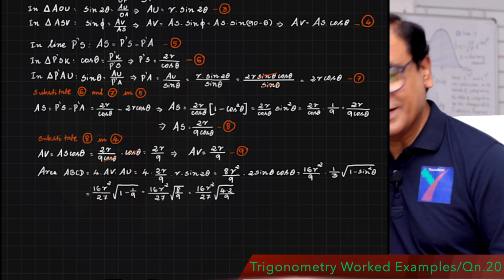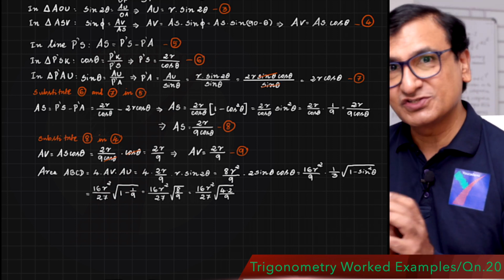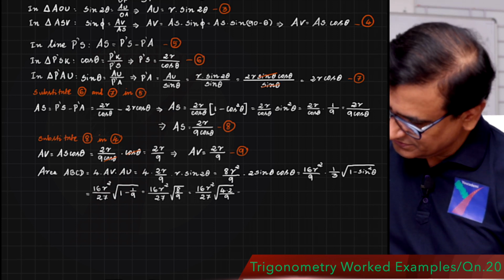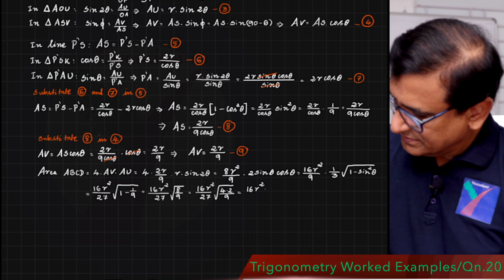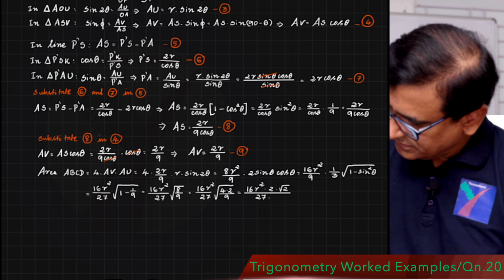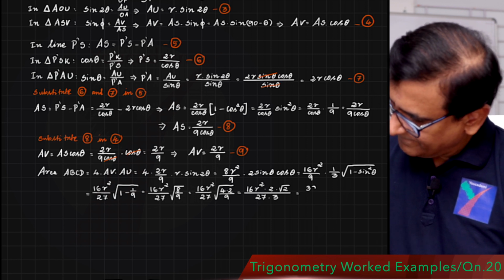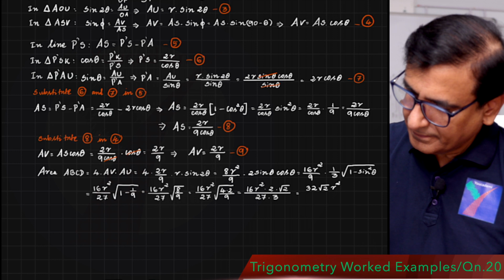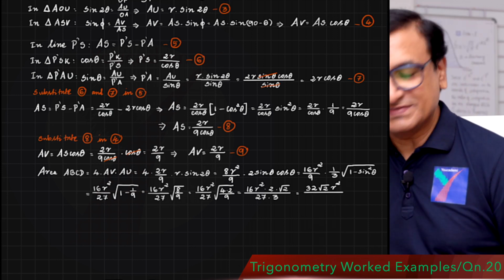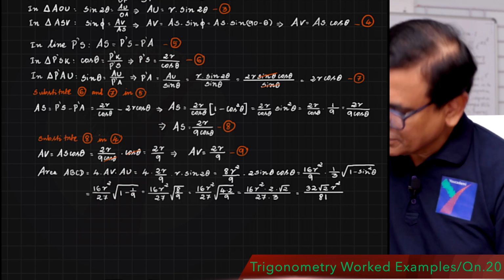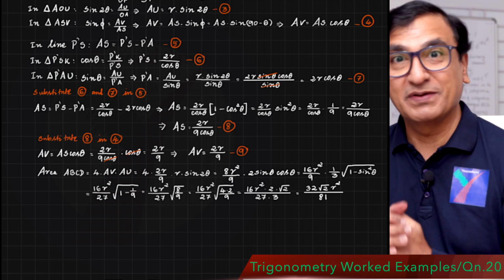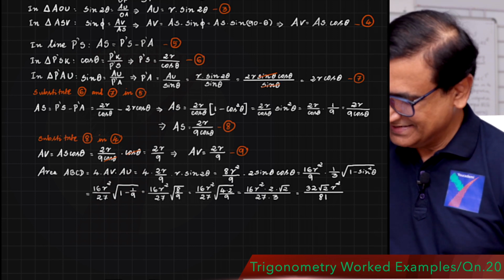So we can take out 4 from the square root because square root of 4 is 2 and square root of 9 is 3. So this simplifies, and 3 times 27 is 81. So our final answer is 32 multiplied by square root of 2 multiplied by r square divided by 81.